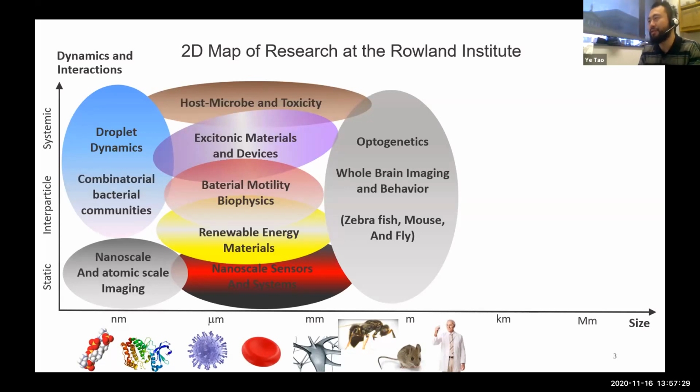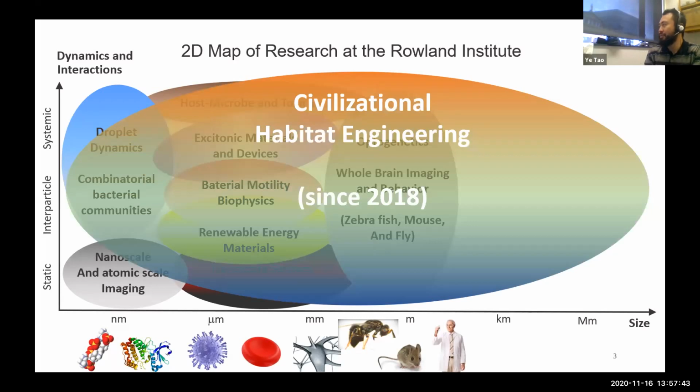And at Rowland, we cover a lot of the two-dimensional space. My group in particular, we work on nanoscale sensors and imaging technology. But since about 2 years, I've been looking into a much bigger, very interconnected problem, which I call civilizational habitat engineering. I think it's a very urgent problem, and the reason for its urgency I will discuss later in the talk.